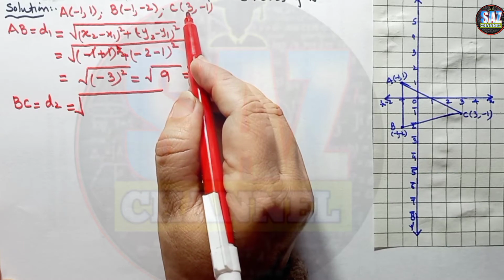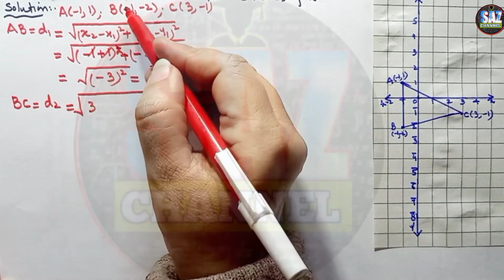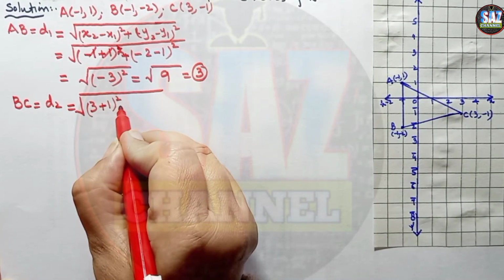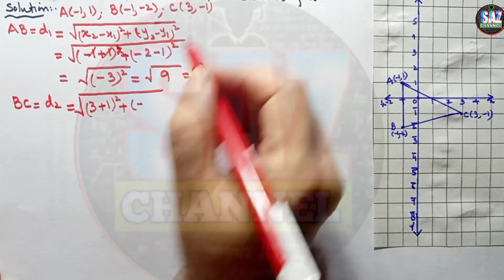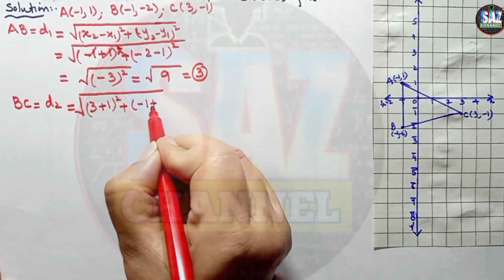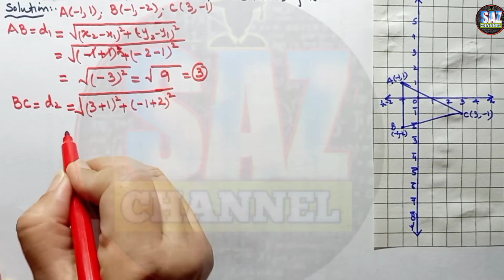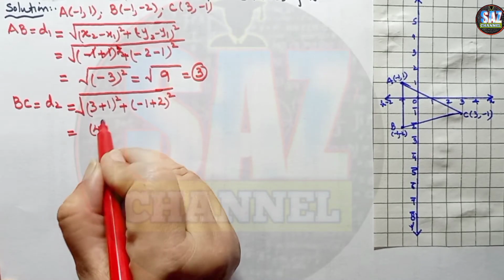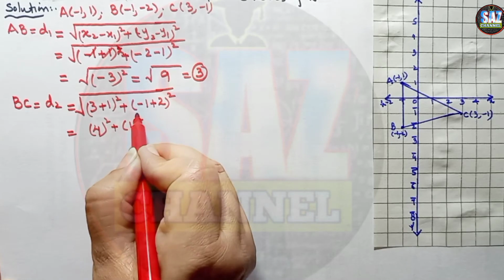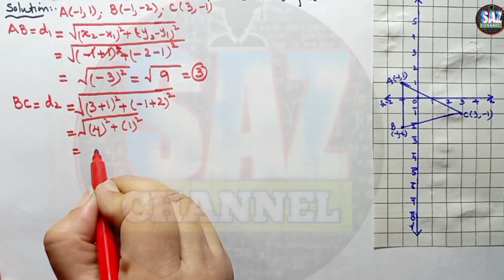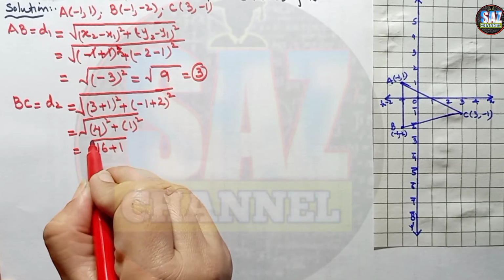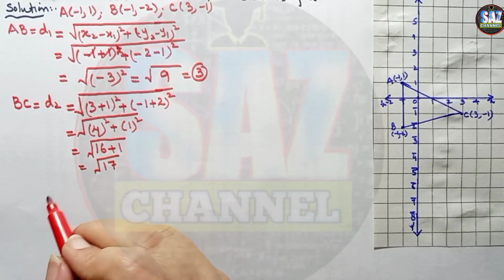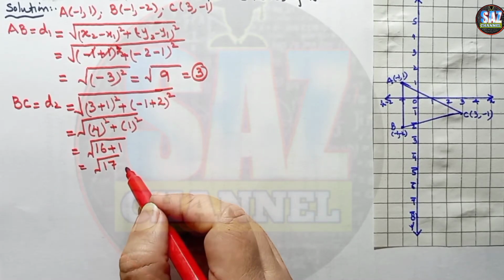Okay, x2 minus x1 is 3, and this 1 is already negative, so it will become positive, 3 plus 1 whole square, and plus y2 minus 1, and minus multiplied by minus will become positive, so this will become positive 2, and then 3 plus 1 is 4 square plus 1 square, and this is 16 plus 1, square root 17.